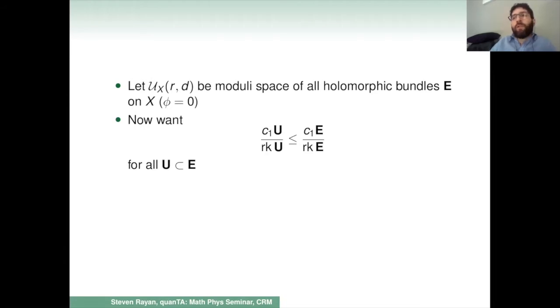The natural thing to do is to forget about the Higgs field. So I forget about things that are phi invariant, and I look at all proper subbundles of E. And that's consistent with the point of view of taking phi equal to 0. Everything is invariant under the 0 map. You can ask the question now, having done this, are my just bundles alone solutions of some equations?